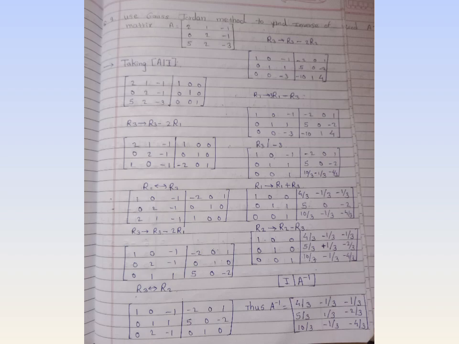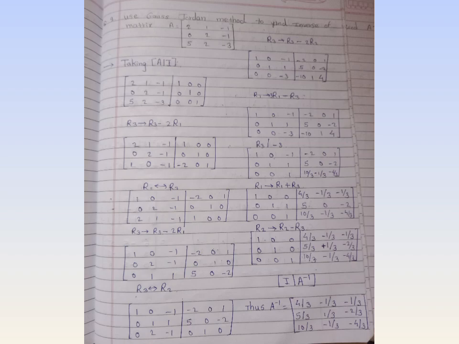For reducing given matrix into identity matrix, R3 such that R3 minus 2 R1. After that, R1 interchanges with R3. Then A11 is 1 and after that to make first column element 0, R3 such that R3 minus 2 R1.